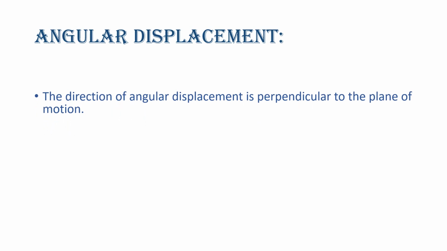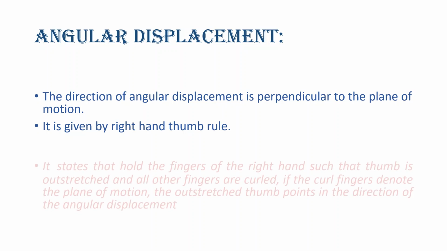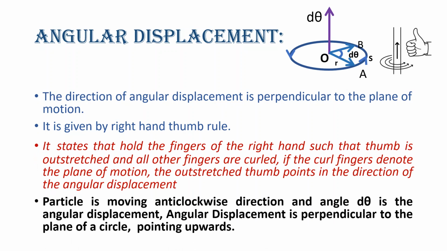The direction of angular displacement is perpendicular to the plane of motion, and it is given by the right hand thumb rule. It states that hold the fingers of the right hand such that the thumb is outstretched and the other fingers are curled. If the curled fingers denote the plane of motion, then the outstretched thumb points in the direction of angular displacement.